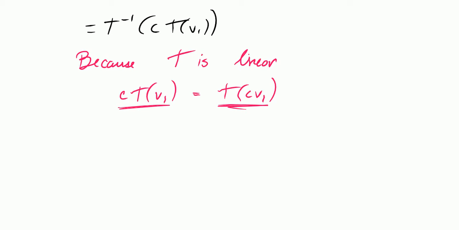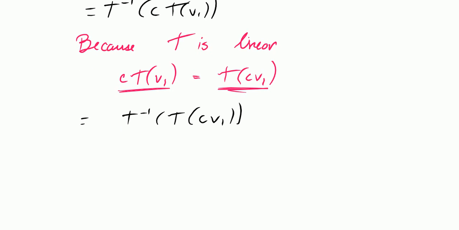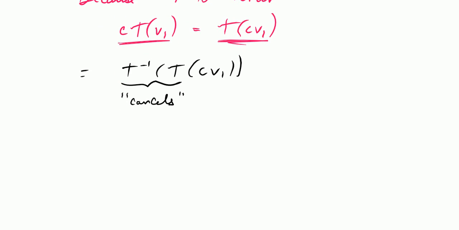So what I get is T inverse of T C V1. And I can say the same thing here, that I'm applying the inverse transform to the actual transform. In other words, I'm not doing anything, so this cancels. Of course, a transform can't actually cancel, but you can sort of picture it that way. And so this is equal to C V1.